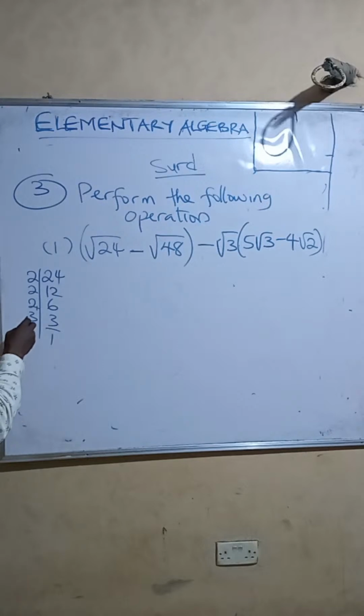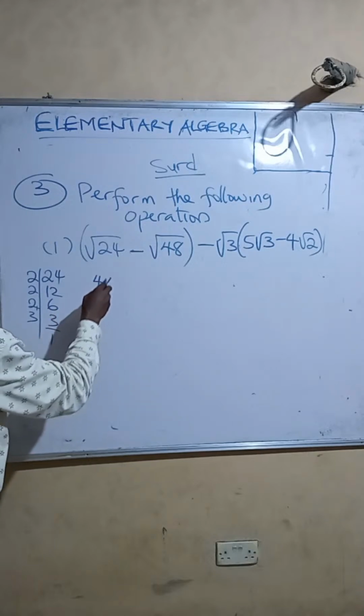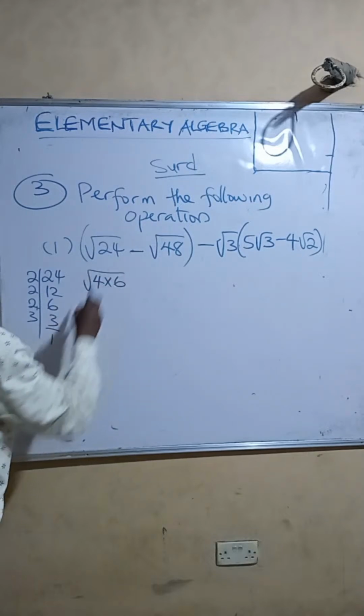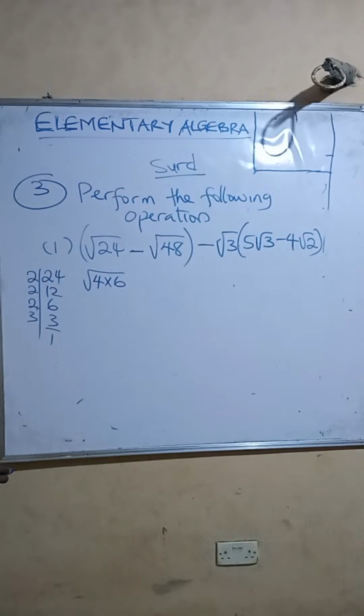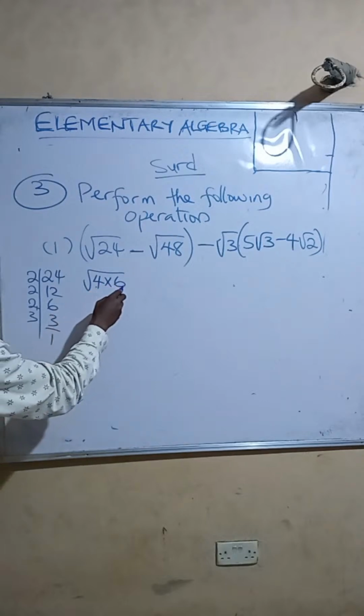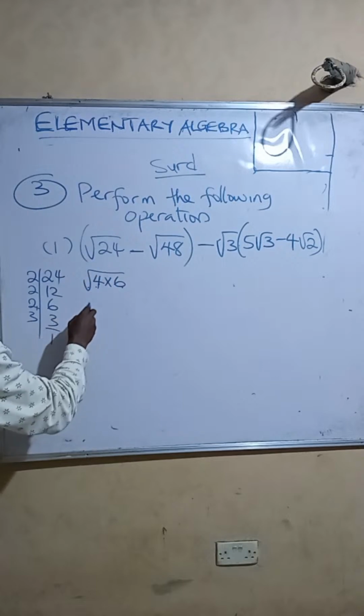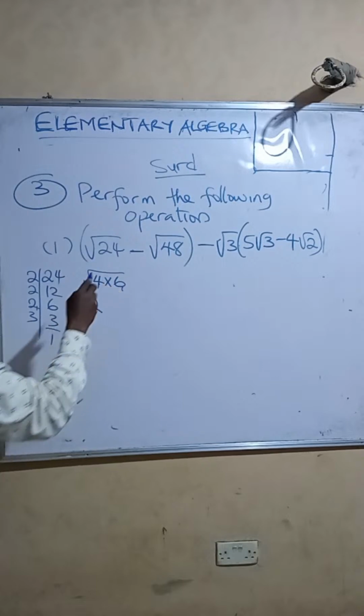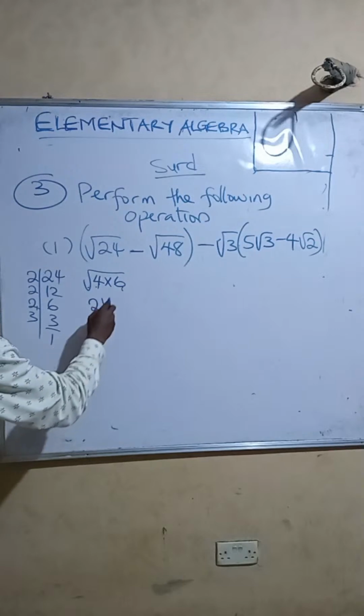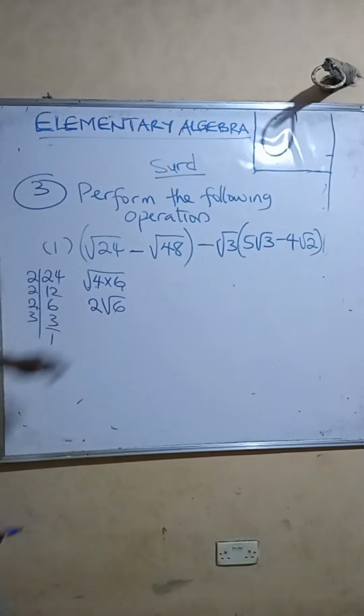So we can have 4 and 6, that's 4 times 6 for 24. And this will mean root 4 times root 6. Root 4 is 2. Root 6 does not have a perfect root. So that's that. Then minus.